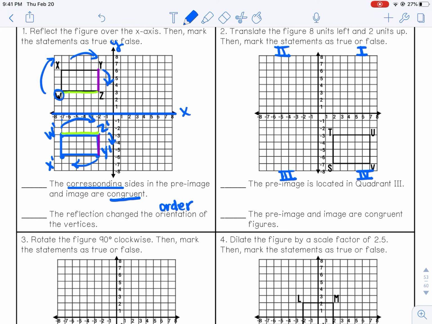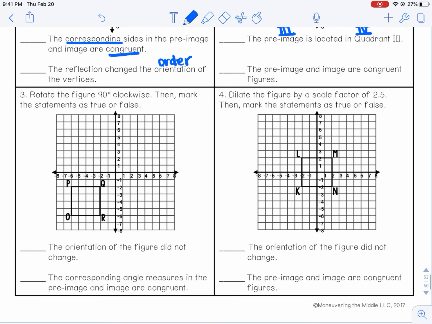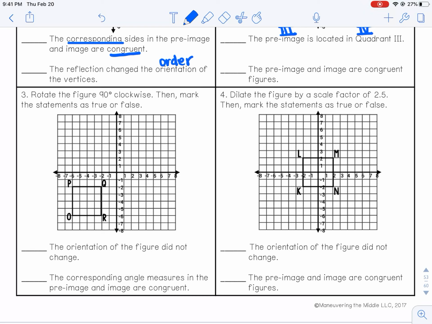Here you are translating that figure 8 units to the left, 2 units up. If you cannot remember what a translation is, you probably need to go back and look at the video for 9-1. Rotations has to do with the video 9-3. You can use a marker board for that.